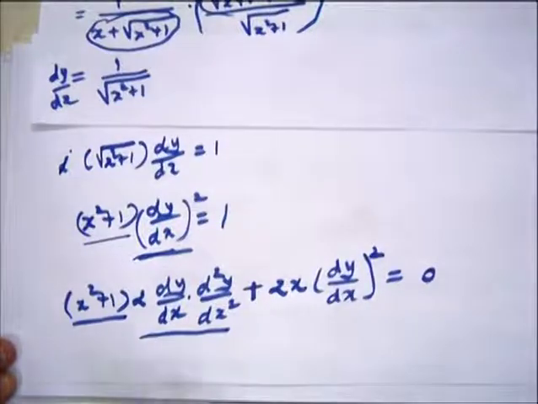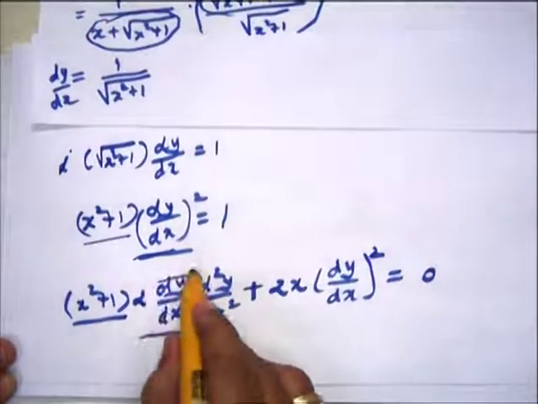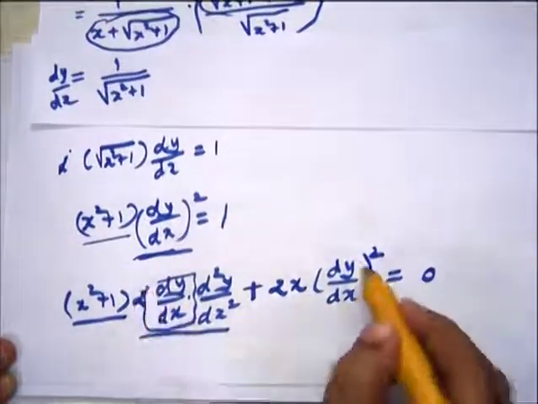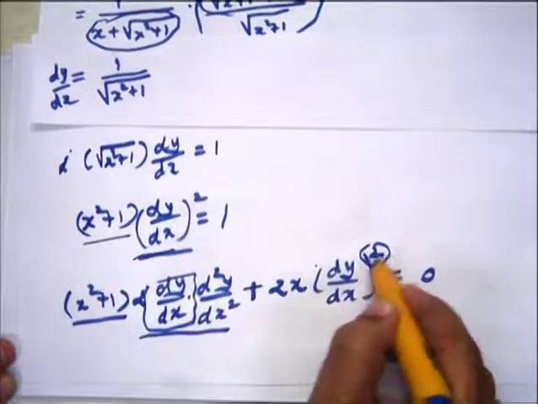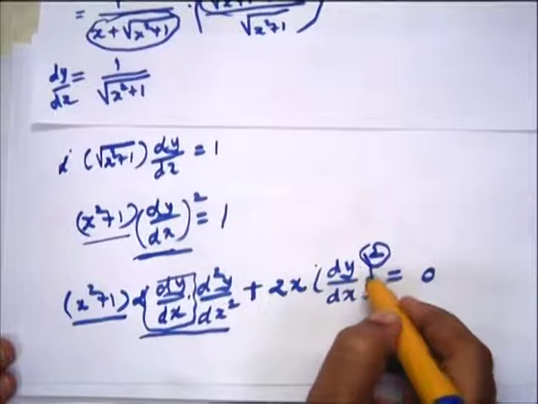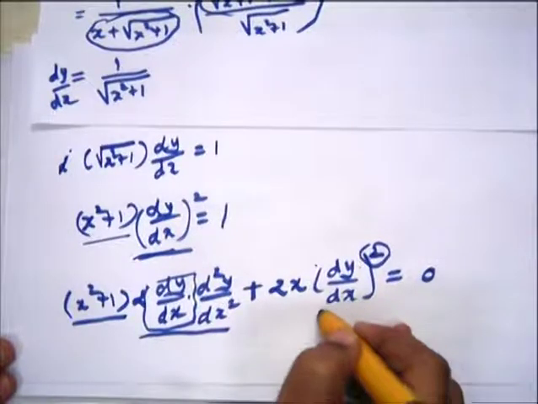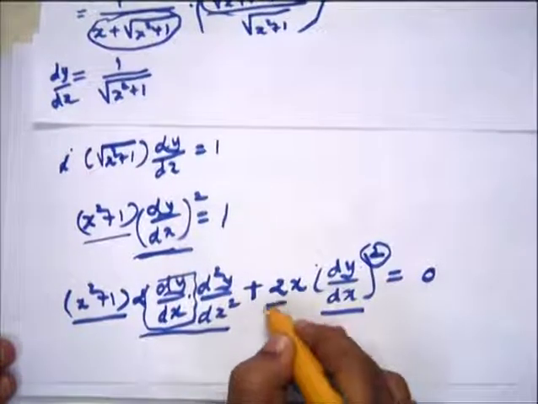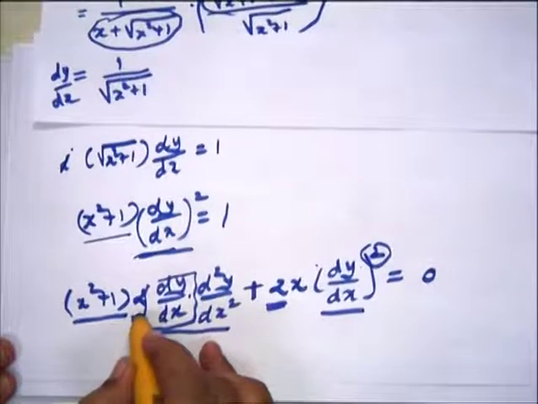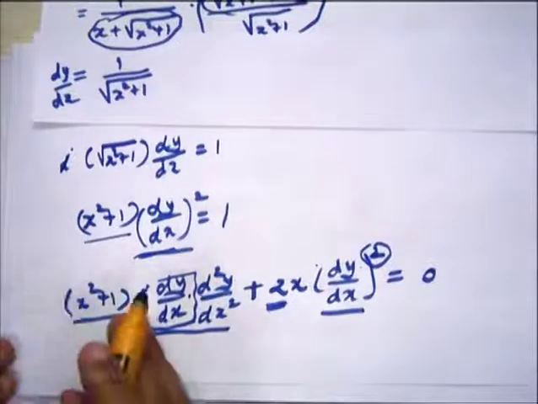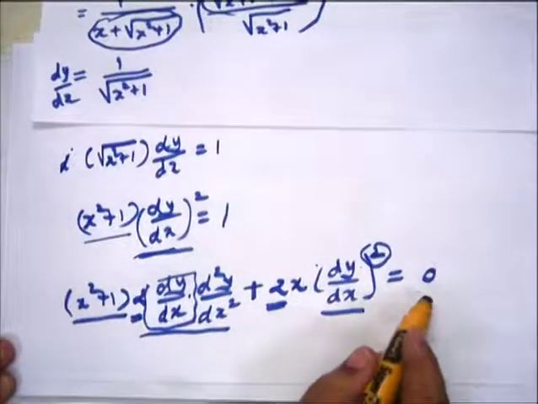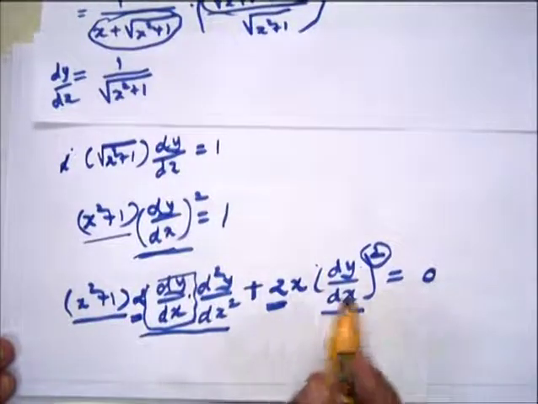Now here dy by dx is there in this term, dy by dx actually square is there, so it is dy by dx into dy by dx, so dy by dx is there here, and 2 is here in both the terms, so if we take 2 into dy by dx common, it may not be 0, or rather it cannot be 0, so the remaining term is 0.